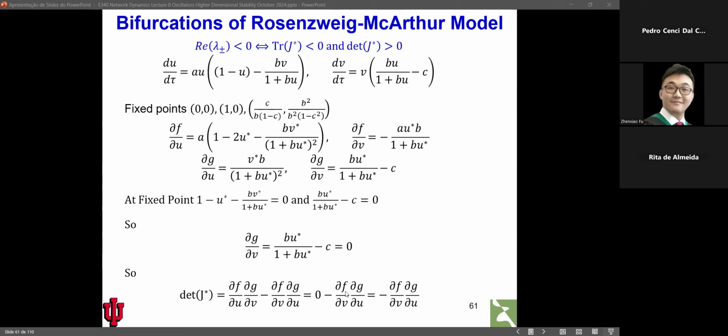You can calculate the determinant, right? And this is the determinant that you have, because df/du is going to be like this, df/dv is going to be like this, and at the fixed point, this is 0 and this is 0. So at the fixed point, you're going to have dg/dv equal to 0. So you can calculate the determinant. This part is 0, so you have just the multiplication of these two partial derivatives.